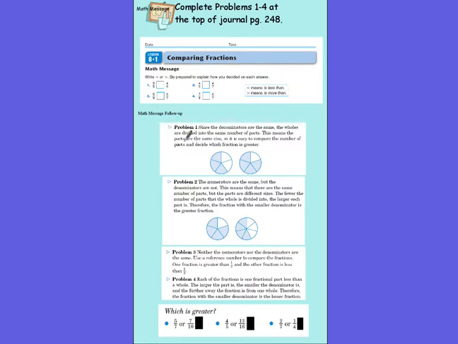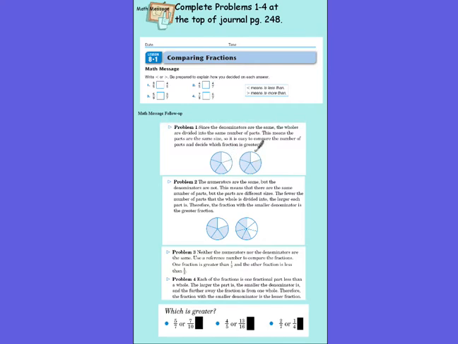Following up, problem 1, since the denominators are the same, the wholes are divided into the same number of parts. This means the parts are the same size, so you need to compare the number of parts and decide which fraction is greater. In this case, we both have the same amount of pieces, but we have a different numerator of how much is shaded in.